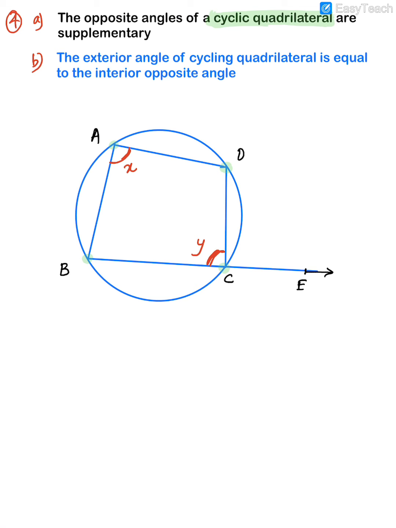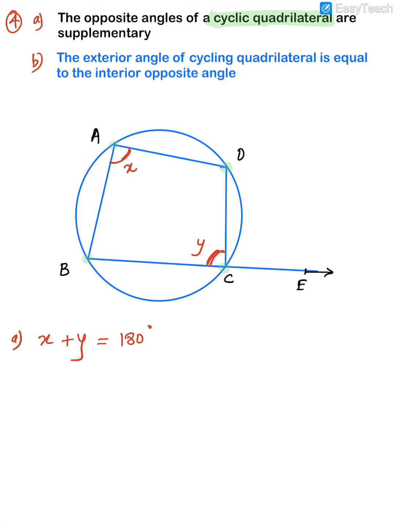Got it? So X plus Y is equal to 180 degree. That is what our theorem number 4a says. The opposite angles of a cyclic quadrilateral are supplementary. Meaning if this angle was 60 degree, this angle will be 180 minus 60, so 120 degree.